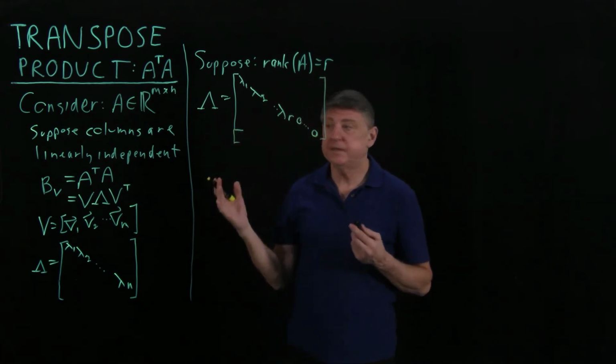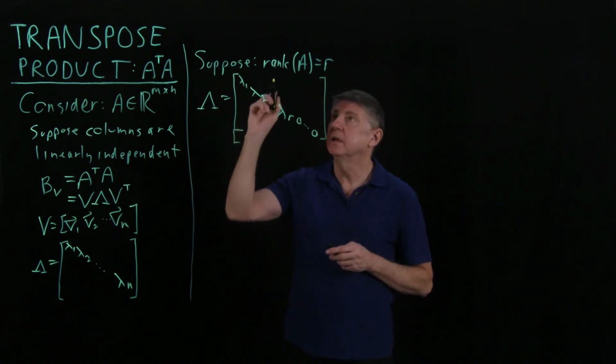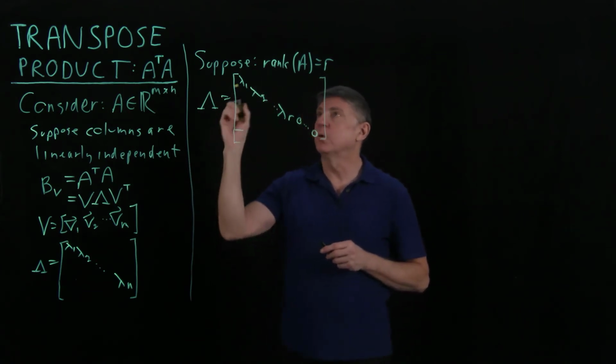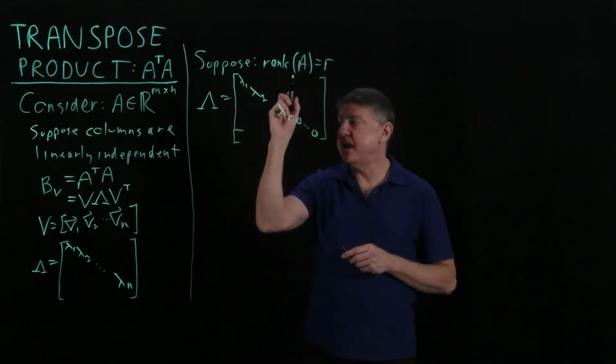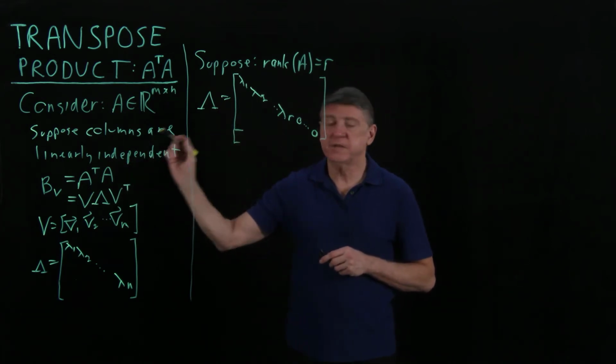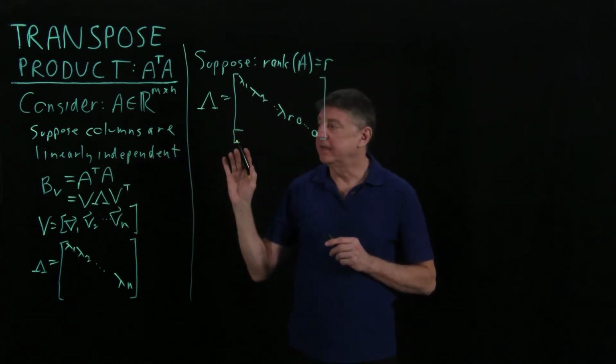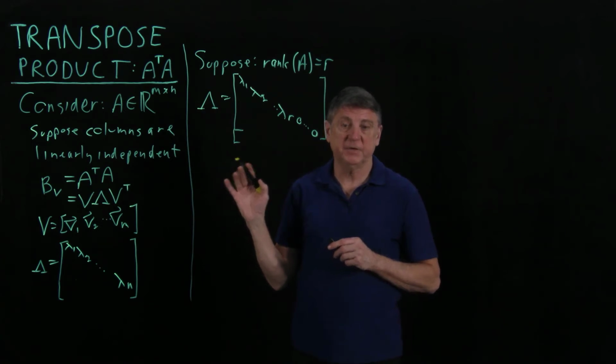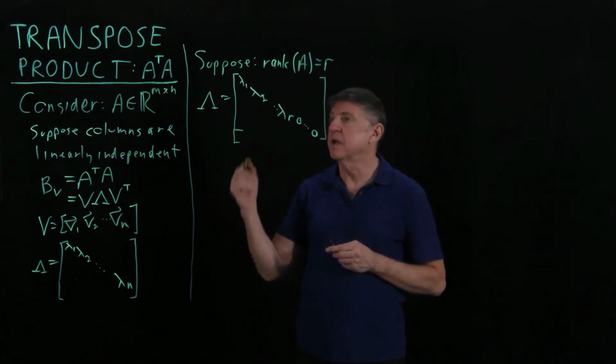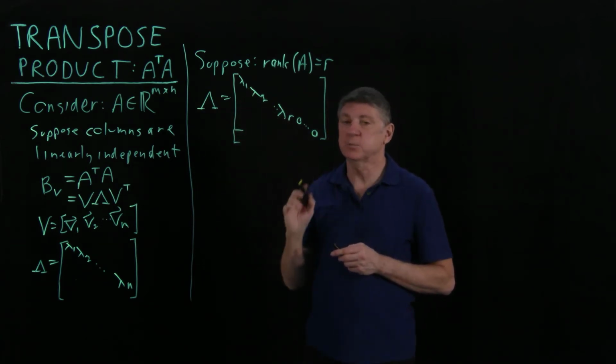So that will be the big difference: for a rank deficient A, A transpose A is still symmetric. It's positive semi-definite because there are zero eigenvalues, and we can order the eigenvalues this way.